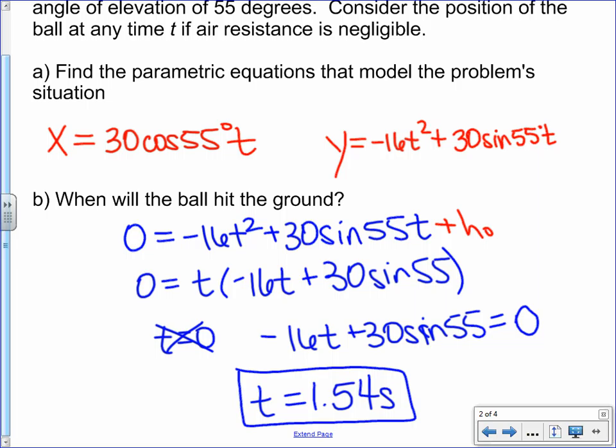You have a quadratic equation. If you have an initial height, the only way to solve that is the quadratic formula. But if you have an initial height of 0, then you can factor as well.